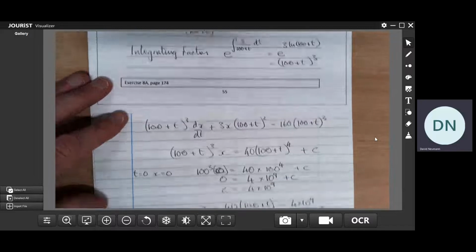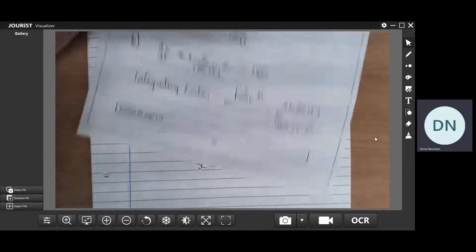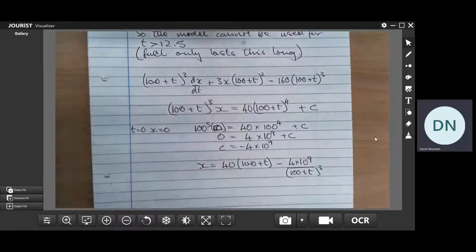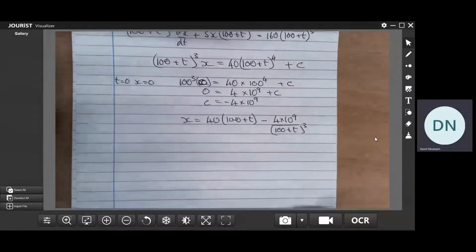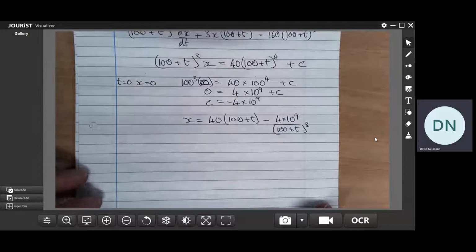So there's our expression for x there. Right, sorry about that, that's gone a bit in the wrong place.